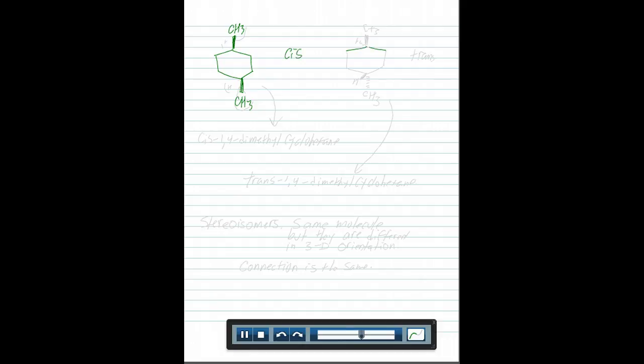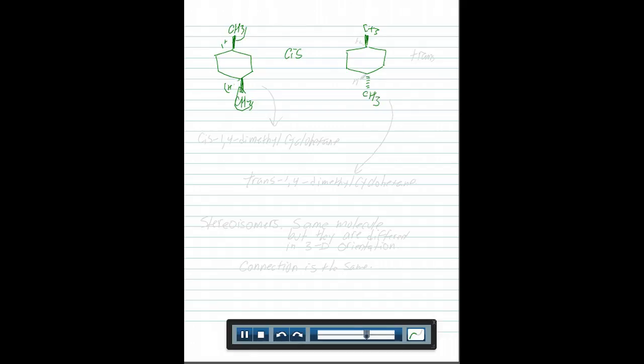You can also draw it where one of them is wedging out, meaning coming out towards you, and the other methyl group is going back. Now what I didn't draw in are the hydrogens. Technically on the molecule on the left, you would have a hydrogen going back and another hydrogen going back. So notice your hydrogens are on the same side of the molecule and your methyls are on the same side of the molecule.